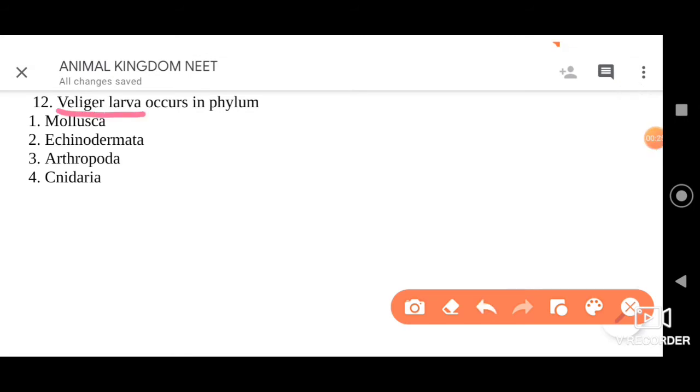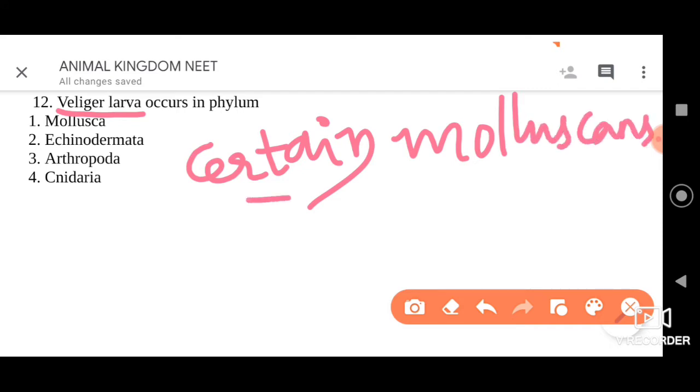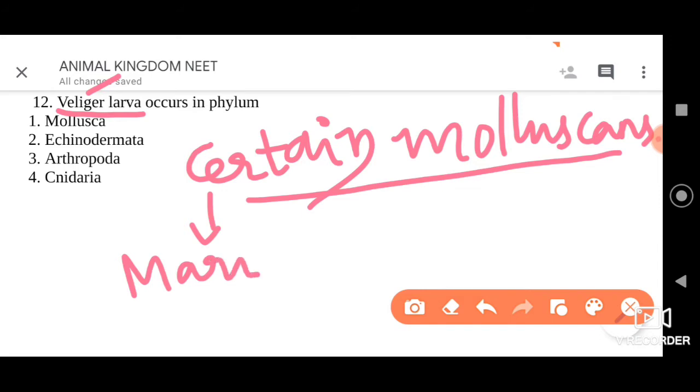Dear students, Veliger larva is typical of certain mollusks, not all, but certain mollusks show this typical larva. That larva is called Veliger larva. In what type of molluscans do we find this Veliger larva? In marine snails.